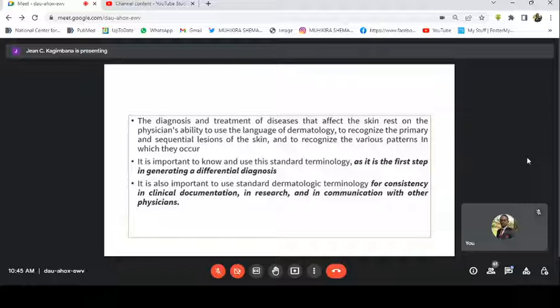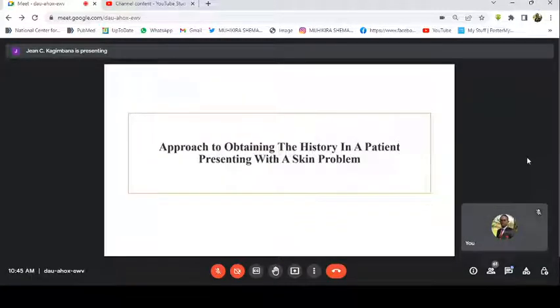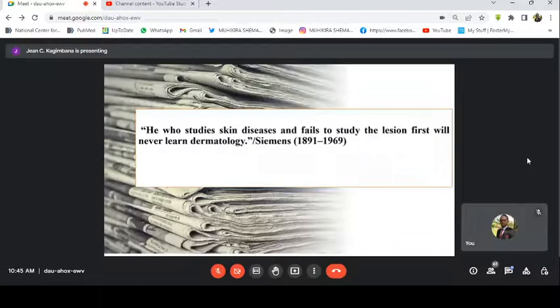Okay? Now, this doctor said, he who studies skin disease and fails to study the lesions first will never learn dermatology. This is true.